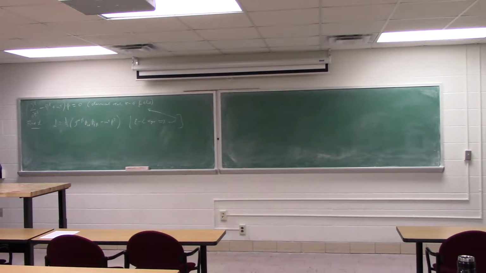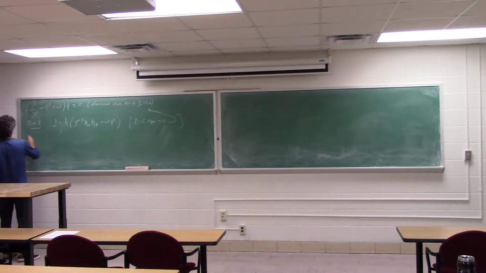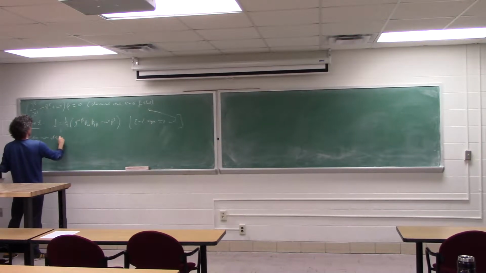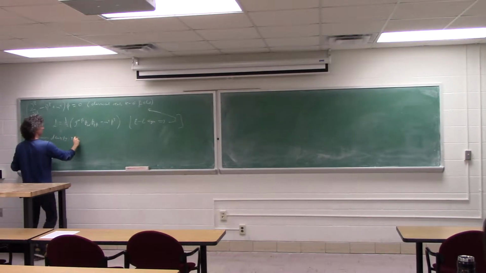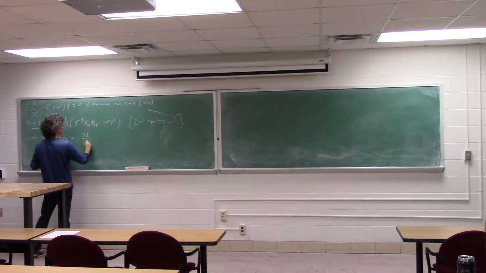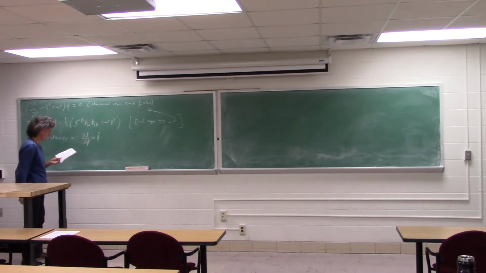The next step is to find the canonical momentum density, pi, which comes out to be just phi dot.